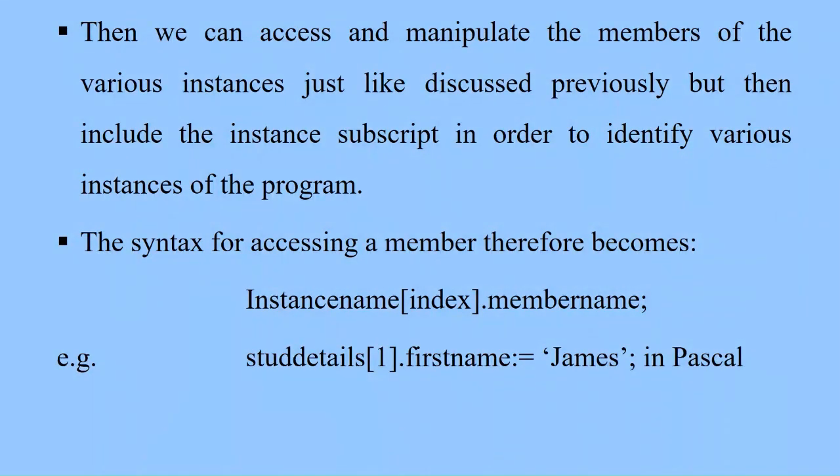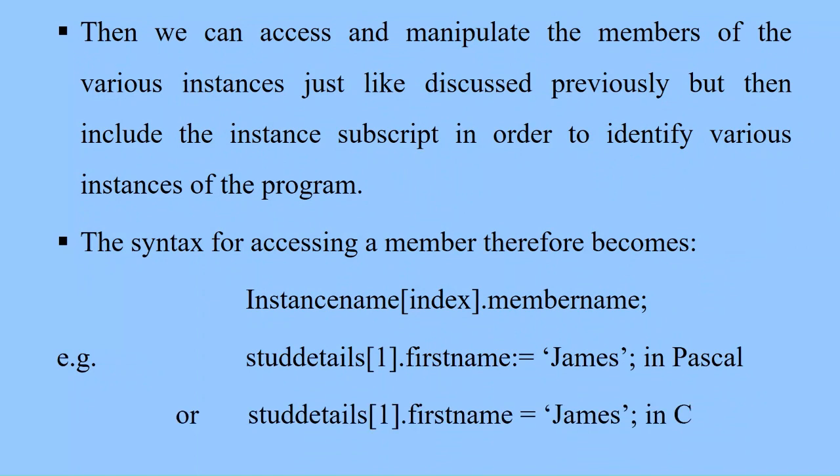So assign James to the first name member in the array, but at position 1 or subscript 1. So the difference here between C and Pascal, my dear students, is simply the assignment operator. Otherwise, it's just the same.